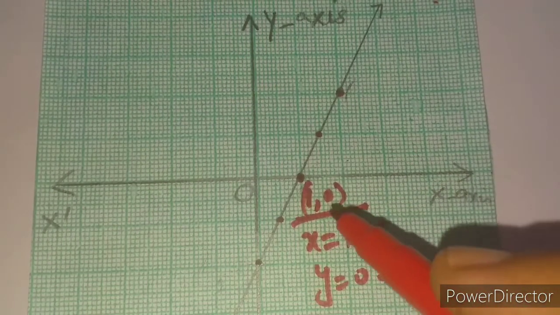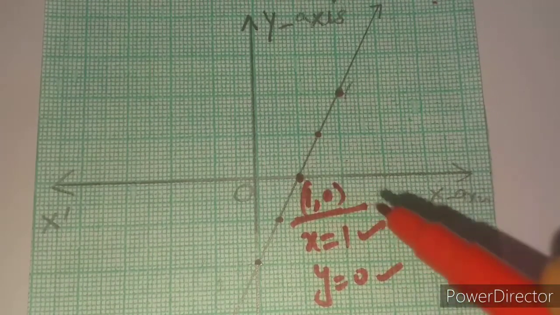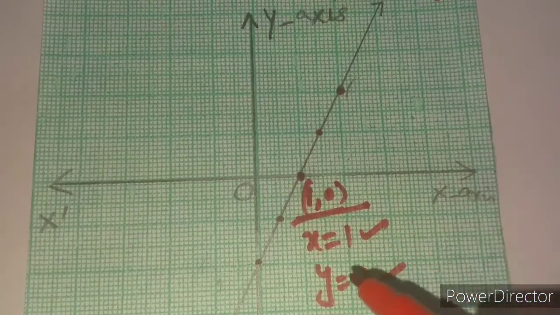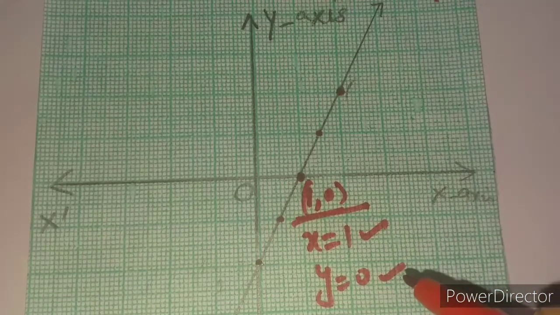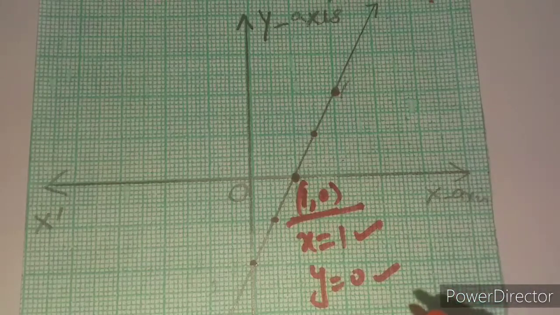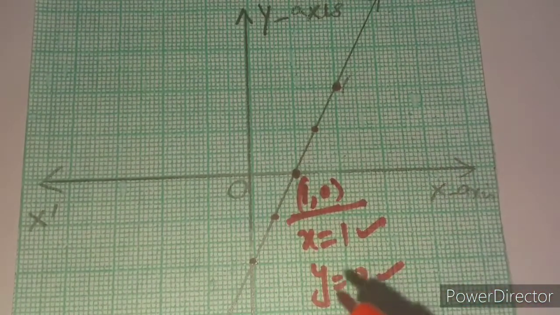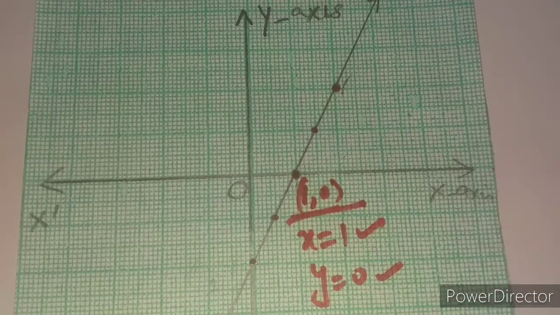Just see again, if (1, 0) lies on this line, it means that in the equation of the line, if I put x equal to 1 and y equal to 0, then that condition will be satisfied. Whatever equation is given, that was the condition, and it will be satisfied by this point.